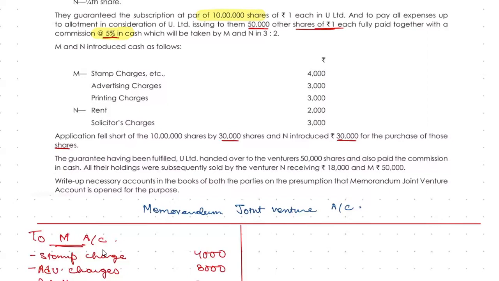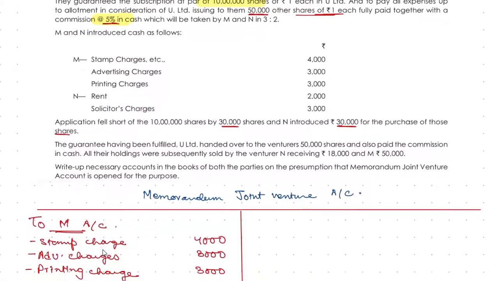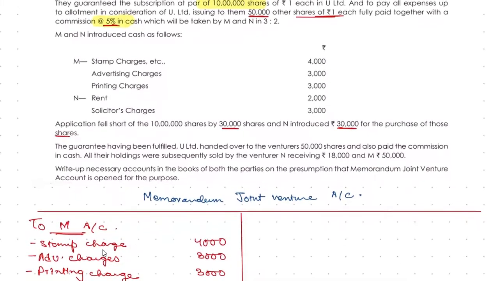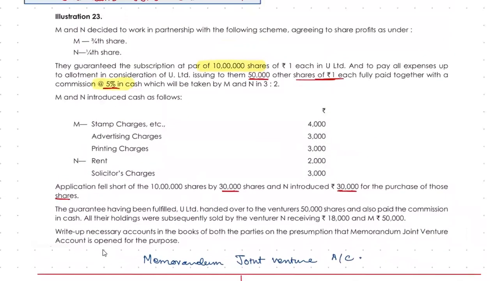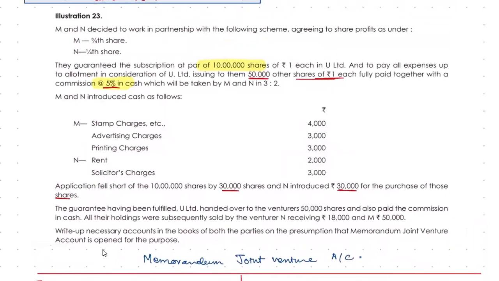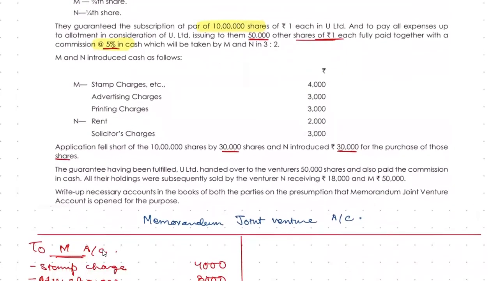So on the 10 lakh, 5% is what? It should be 50,000, correct? And this 50,000 will be taken in the ratio of 3:2, not 3:1. Remember, profit sharing ratio is 3:1, but commission sharing ratio is 3:2.